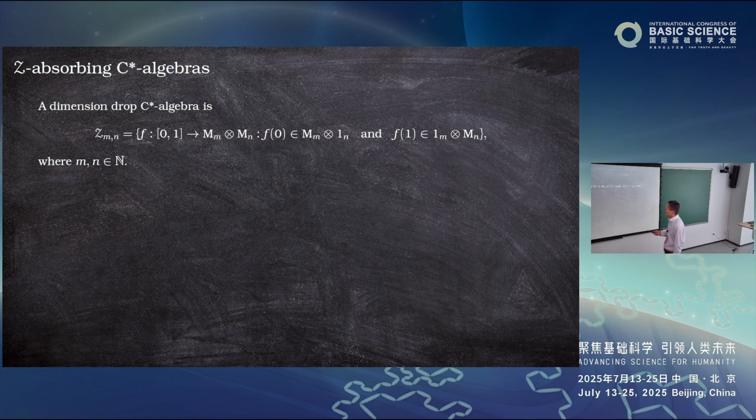It's the C-star algebra of continuous functions from the interval [0,1] to the tensor product, let's say M_m and M_n, the m by m matrix algebra and n by n matrix algebra, with the condition that the value of those continuous functions at one end belongs to one tensor factor, and at the other end, it belongs to the other tensor factor. So we have some boundary conditions.